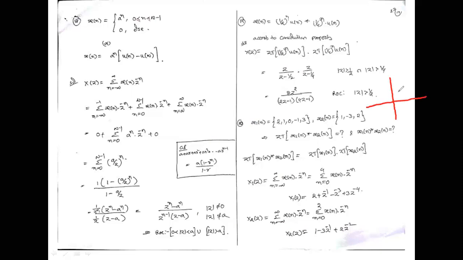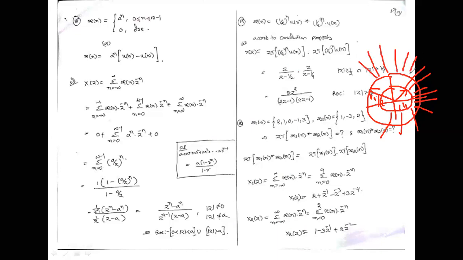Here it is greater than 1 by 4, and this range is 1 by 2, greater than only. Greater than 1 by 4 and greater than 1 by 2.